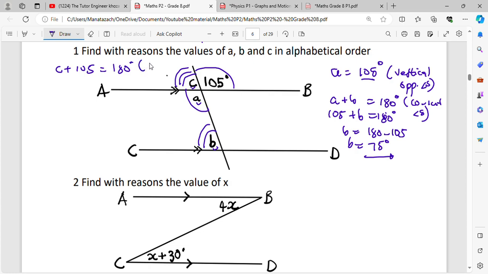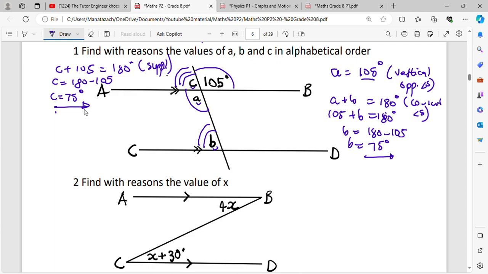The reason is they are supplementary angles, and therefore C is 180 minus 105. This is 105. Let's just make sure that this is clear. So here you'll have 180 minus 105, which will be C is equal to 75 degrees.